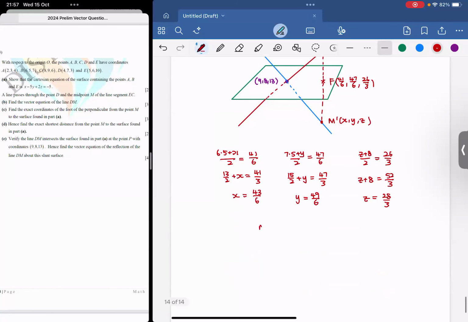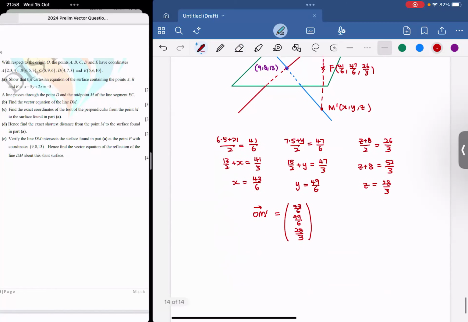So M prime is equal to (43/6, 49/6, 28/3). This is not the worst numbers that I have seen. I think at ASR 2023, the numbers were even worse than this.